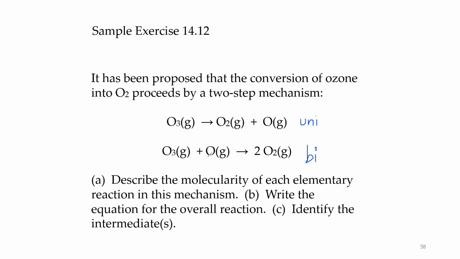And if we look at it, on the left, one oxygen atom, on the right, one oxygen atom. So those are going to cancel. And now on the left, we've got two ozones, so we'll have 2O3. And then on the right, we've now got three oxygen molecules, so we'll have 3O2 there.